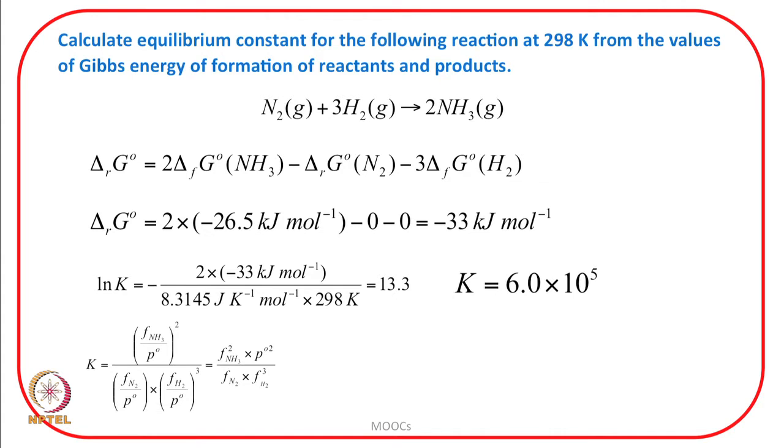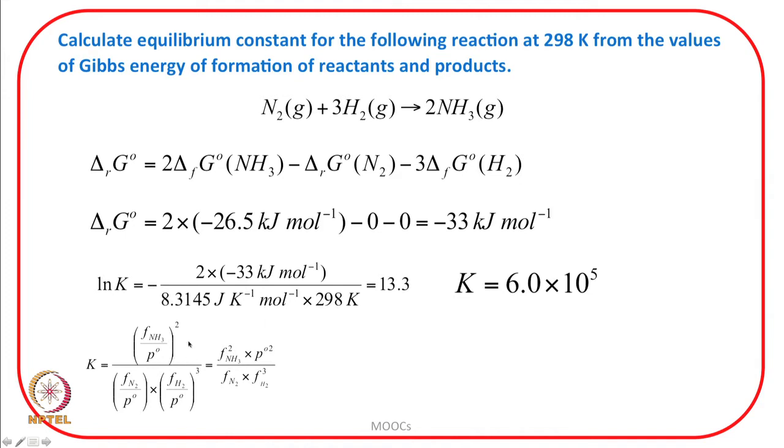Carefully look at how K is expressed. We need to express K as activity of ammonia raised to the power 2 divided by activity of nitrogen into activity of hydrogen raised to the power 3. And in place of activity, I am writing F by P naught. Please note, since the term inside the bracket is a dimensionless quantity, overall K is going to be also a dimensionless quantity.